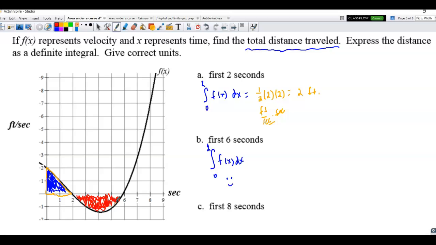I really want to ignore that I'm changing directions. So instead of adding the next definite integral, I'm actually going to subtract. So I'm going to subtract the integral from, whoops, not 0, we're starting at 2, so 2 to 6 of f of x dx.